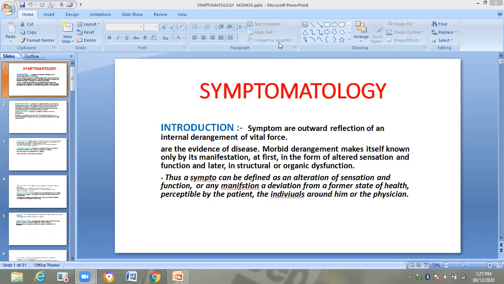These are the different types of symptoms which we are going to discuss one by one.